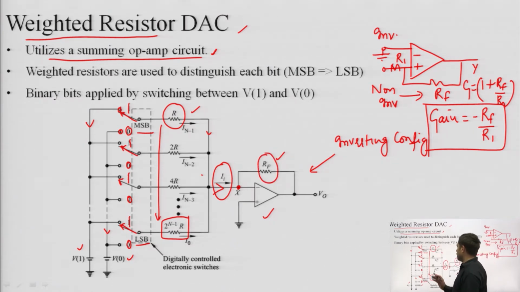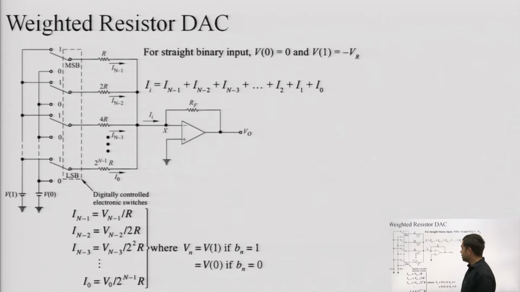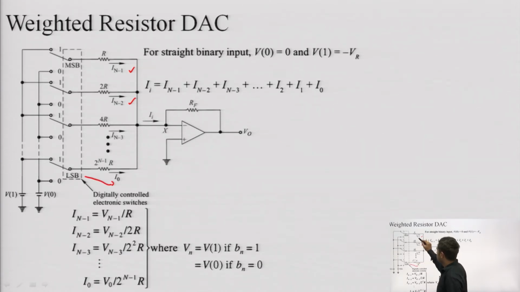If we are interested in finding the values of these currents, we can check that there are different currents. This is termed the I n minus 1 branch, I n minus 2 branch. As this is the LSB, it is denoted by I naught, and this is the MSB, denoted by I n minus 1. The sum of these currents will be the actual current entering the inverting terminal of the op amp.